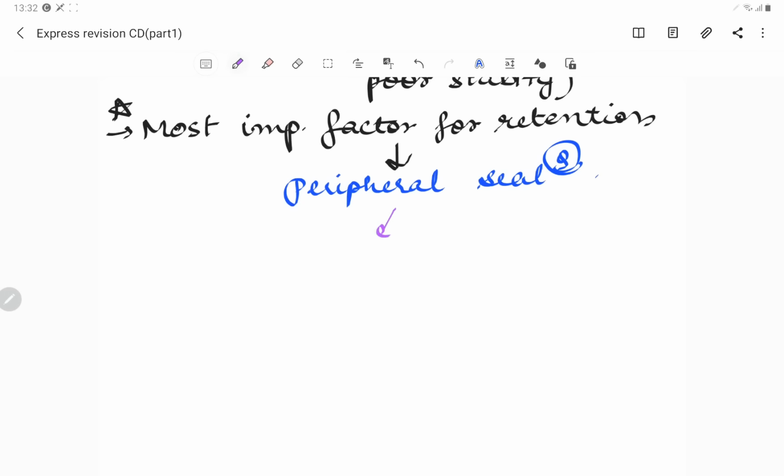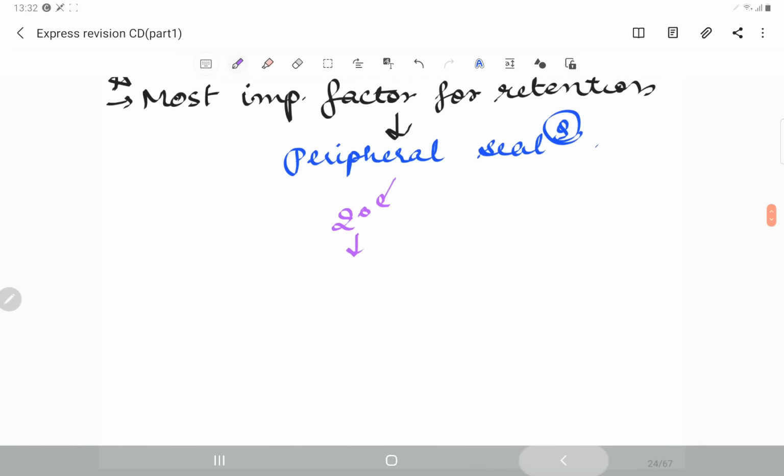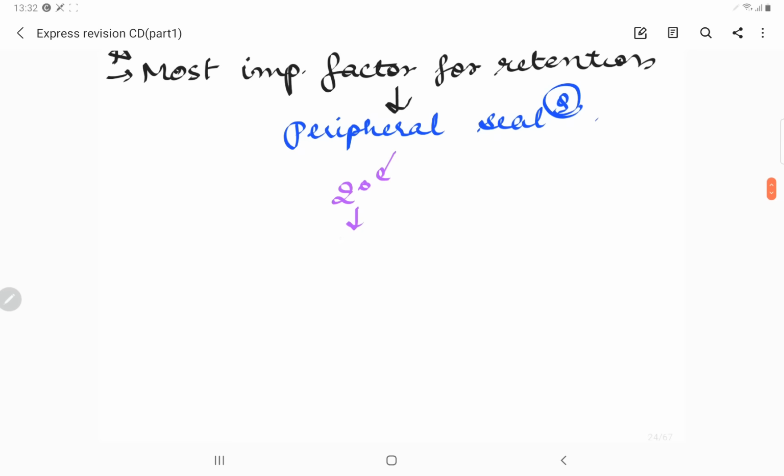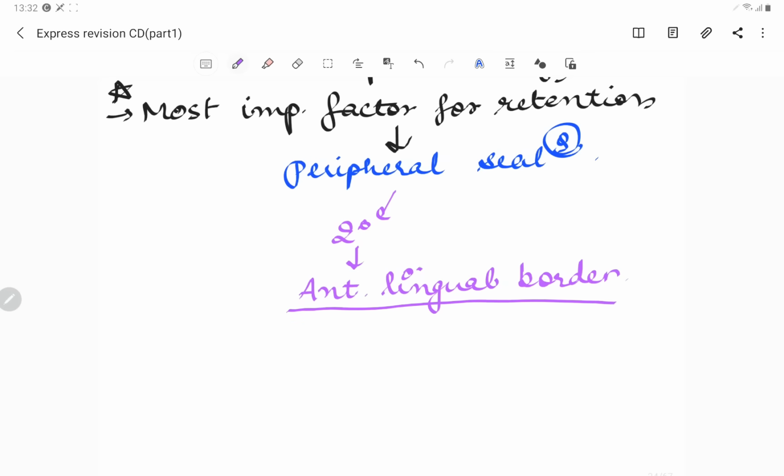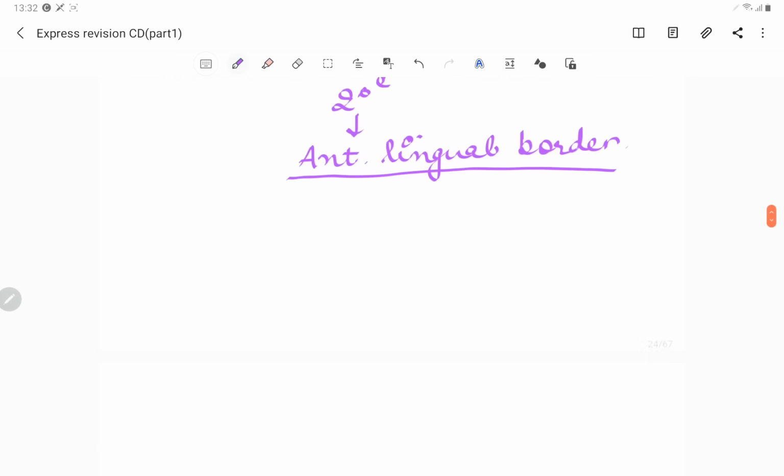For the mandibular denture, first of all, retention is due to the retromolar area, the retromolar pad, which is going to provide the primary peripheral seal, and the secondary peripheral seal is due to the anterior lingual border of the denture, right?